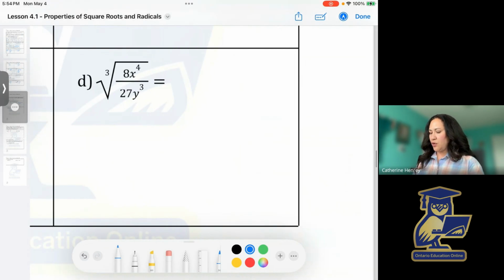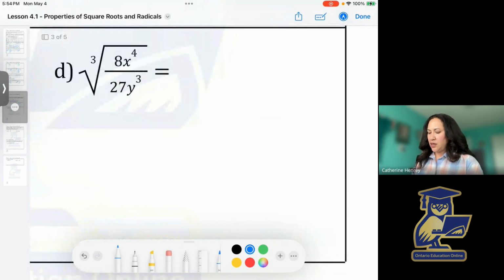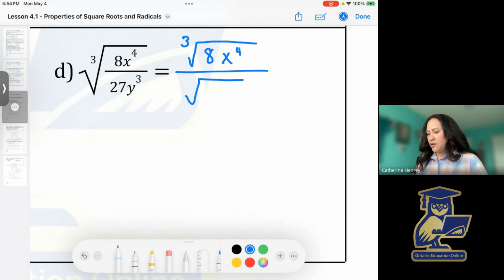Okay, another example where I have numbers and letters. Let's split up the top and the bottom. We'll take the cube root of 8 times x to the power of 4 divided by the cube root of 27 times y cubed. I'm going to go ahead and expand across the top and separate.